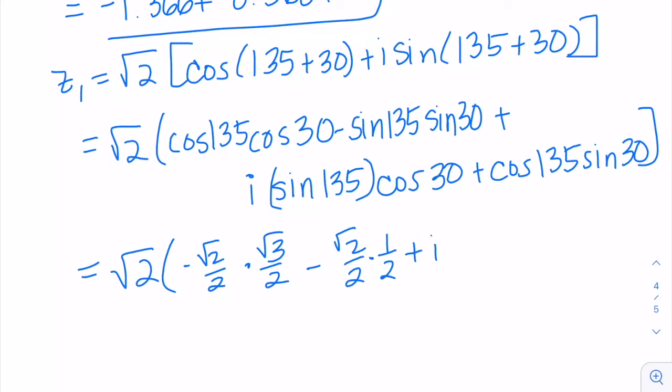And then we're going to have the I times the sine, so this is going to be √2 over 2. It's positive. Cosine again is √3 over 2. Cosine of 135 is negative. Put negative here. √2 over 2.